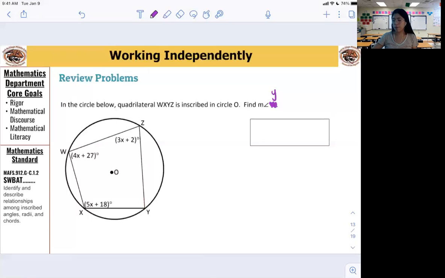I'll give everyone 45 seconds because I know some of you might need a couple more seconds.